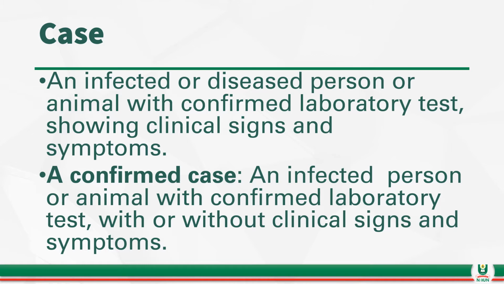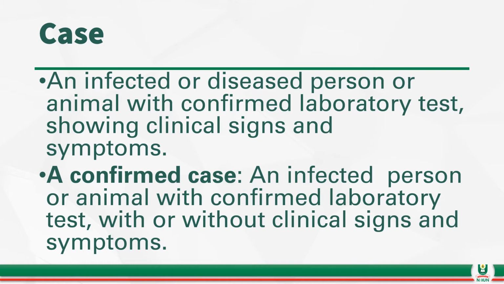So case is another terminology used. Who is a case? Or what is a case? A case is an infected or diseased person or animal with confirmed laboratory tests showing clinical signs and symptoms. Now, a case can also be a confirmed case. We'll still go further to describe cases.